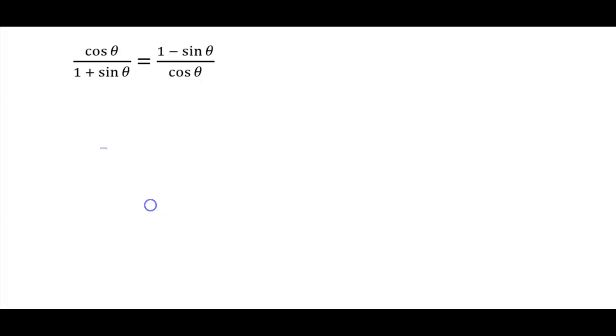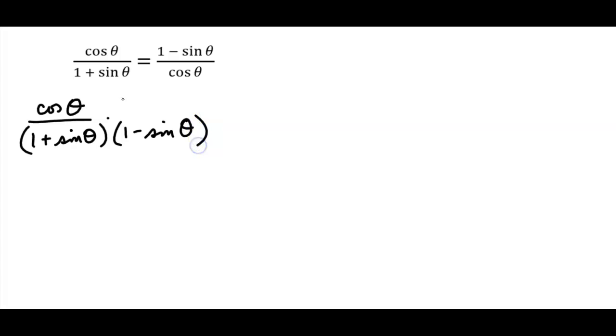So I'm going to take my cosine theta over 1 plus sine theta, and I'm going to multiply by the conjugate of the denominator, which is 1 minus sine theta. And that's the part where I don't know if it screams out to you to do that. You kind of have to think about it a little bit.